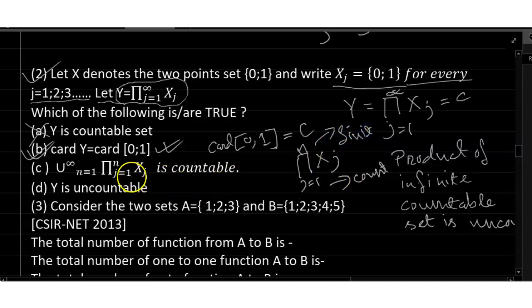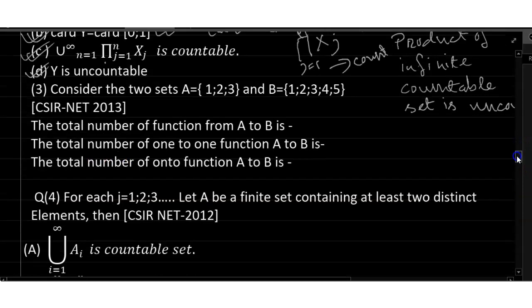So it is countable. So this portion is countable and the union of this portion is also countable. And Y is uncountable, this is correct. And consider the two sets, this is also correct because I have already told that Y is uncountable.